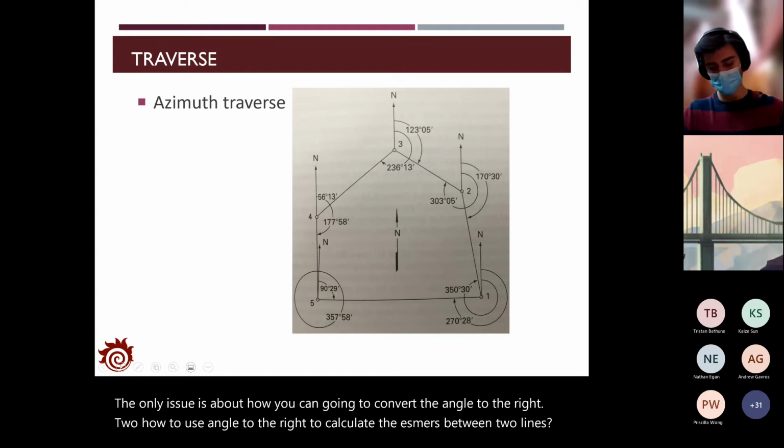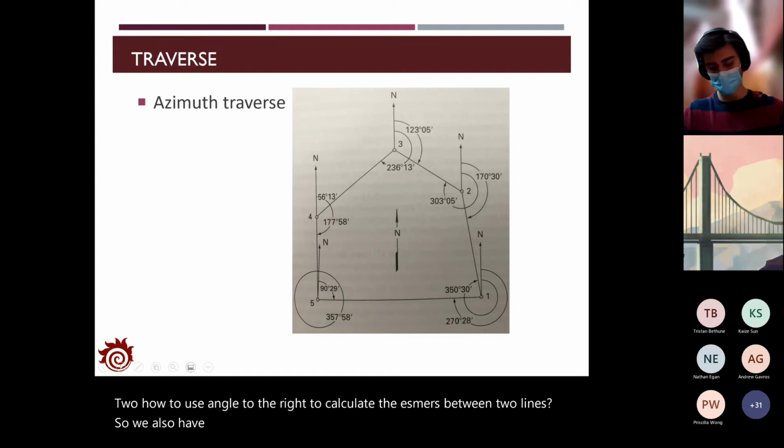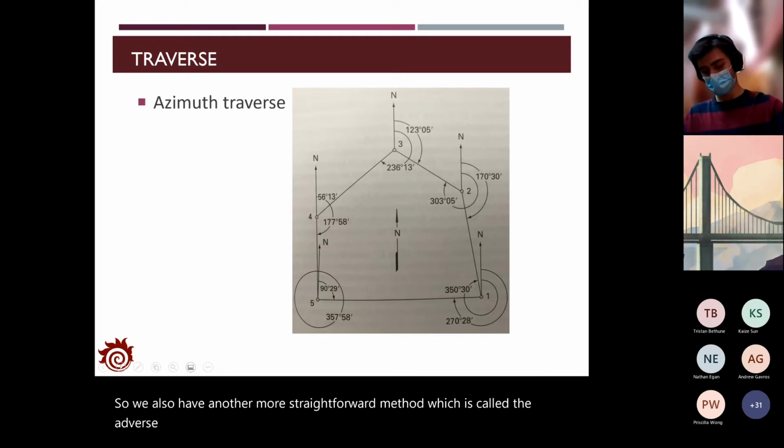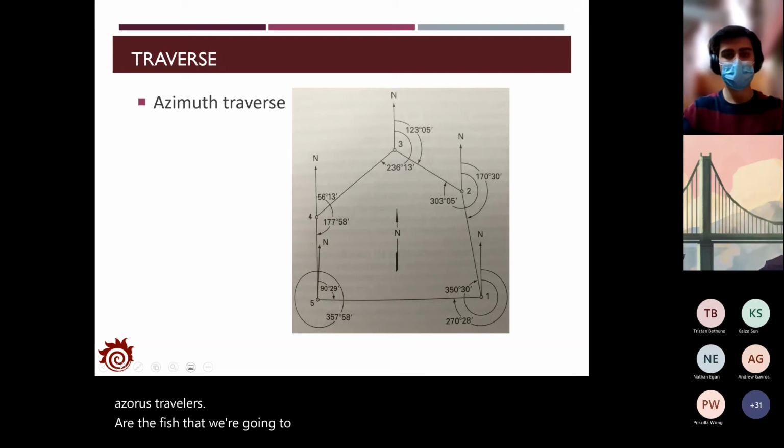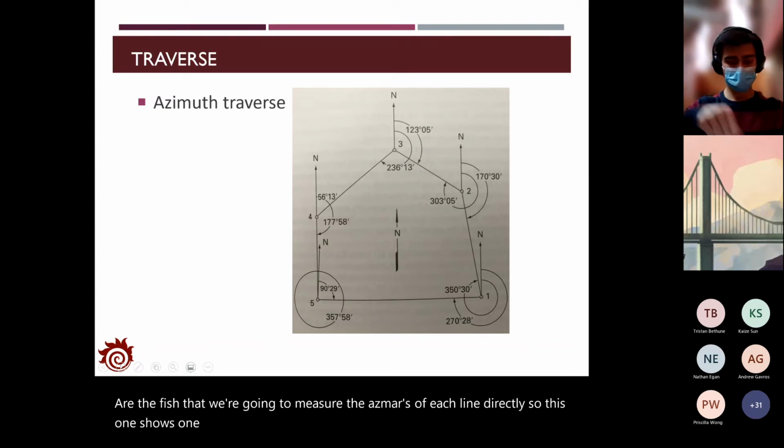So we also have another more straightforward method, which is called the azimuth traverse. With that, we're gonna measure the azimuth of each line directly. So this one shows one example about the azimuth traverse.